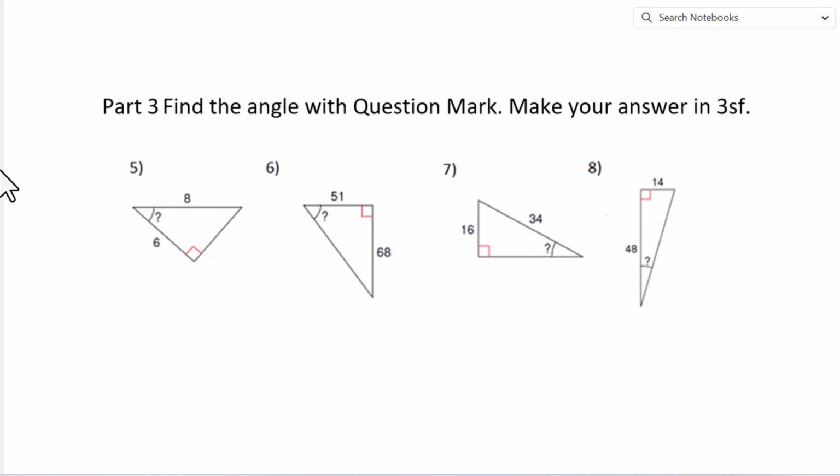Find the angle with the question mark. Make your answer in 3 sig figs. First step, we need to label the sides with the values. Cross this question mark is opposite. The other leg is adjacent. This is a hypotenuse. AH goes to cosine.